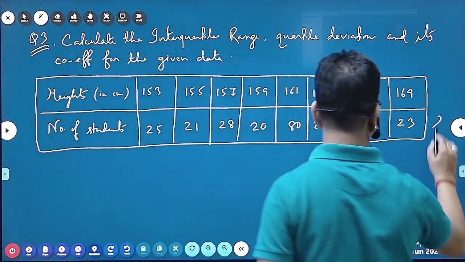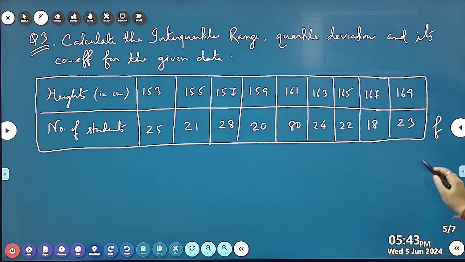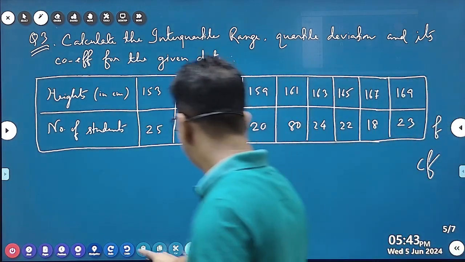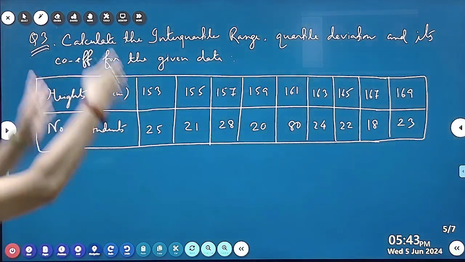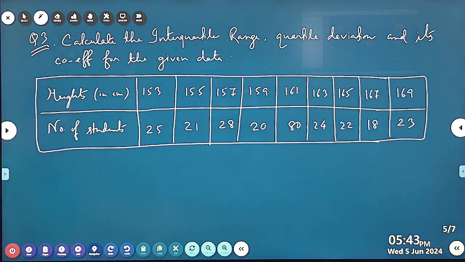This is the frequency. Do you remember cumulative frequency? Okay, so let's start. Make a vertical table, all of you. You know how to make this table? This is the question.